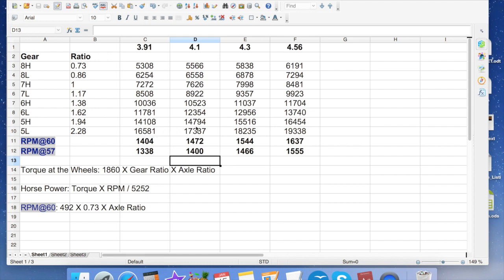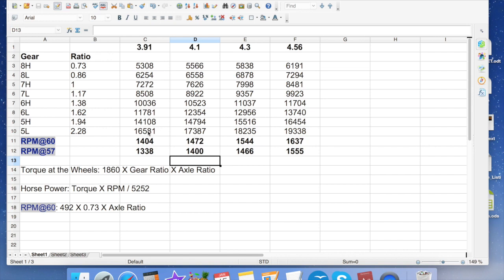Now, if we look at the numbers here, this is a 4.10 ratio. And as you notice, the numbers are higher for each particular gear ratio. And that's what, of course, you see: you gain torque at the wheels. Not much, but what is it, like 5%? In each gear, you have more torque.